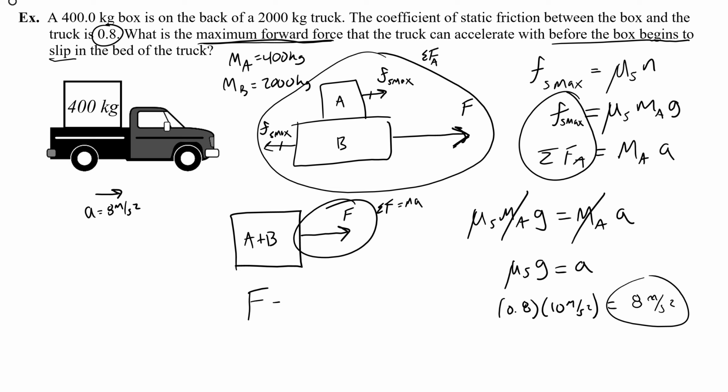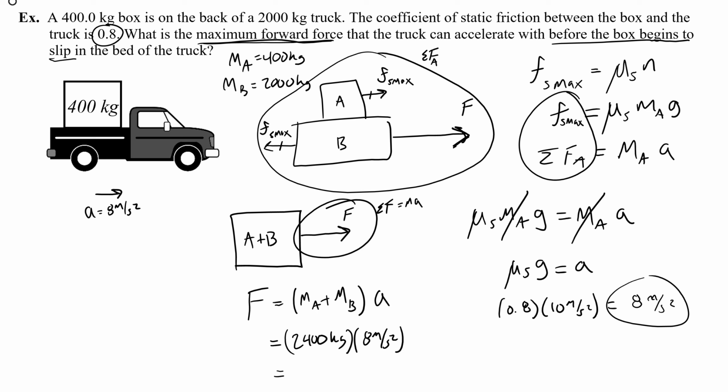So the applied force F is equal to the mass, and specifically the mass of both, so mA plus mB, times that acceleration. Or, let's see, 400 plus 2,000, so 2,400 kilograms, times 8 meters per second squared.